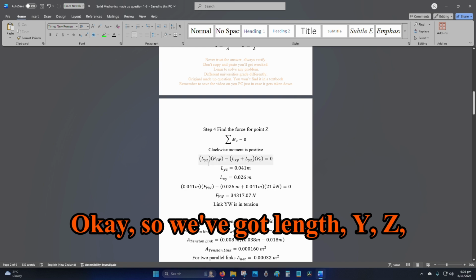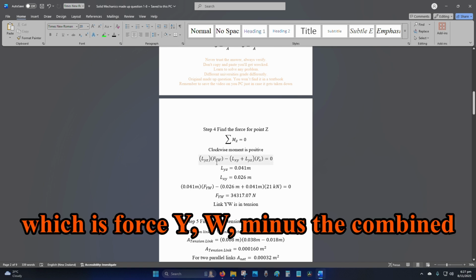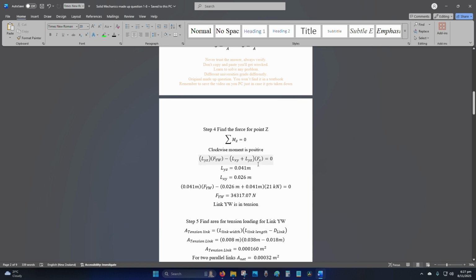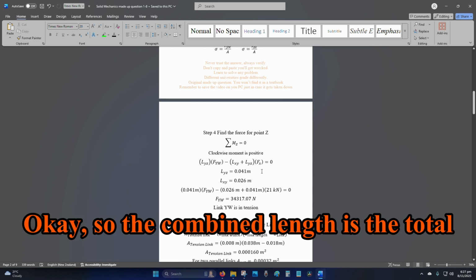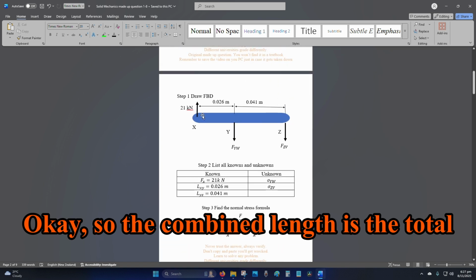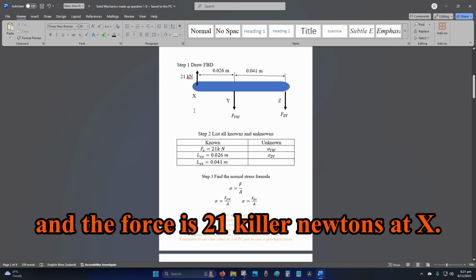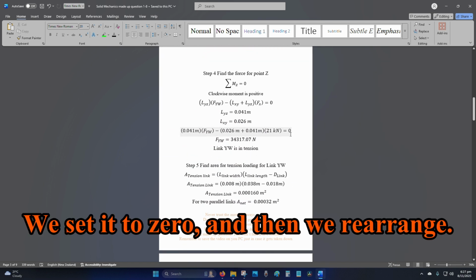So we've got length YZ multiplied by the unknown force that we're trying to find, which is force YW, minus the combined length of XY plus YZ multiplied by the force at point X. The combined length is the total length of the horizontal link, and the force is 21 kilonewtons at X. We set it to 0, and then we rearrange.